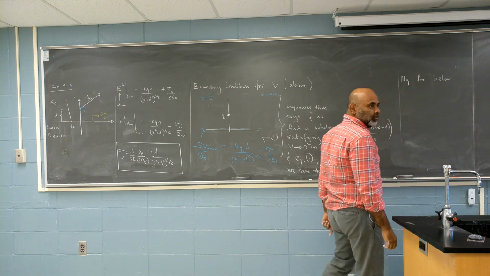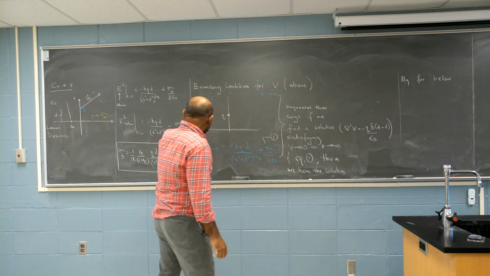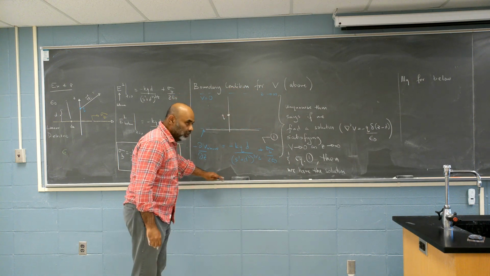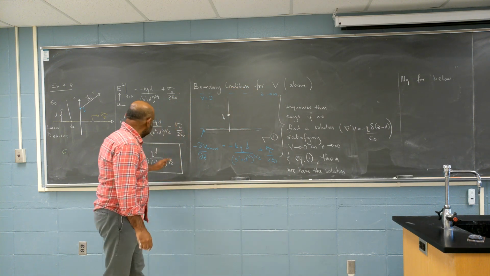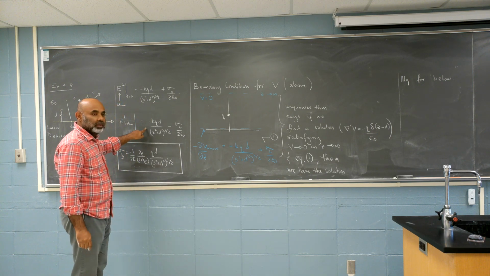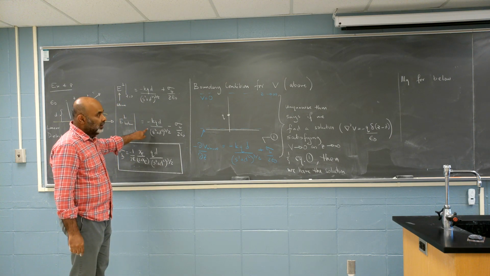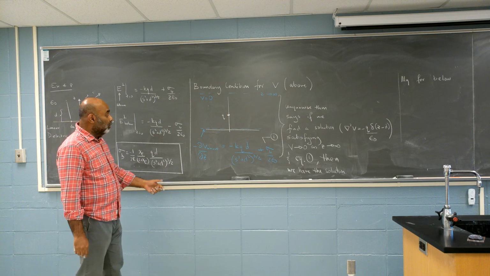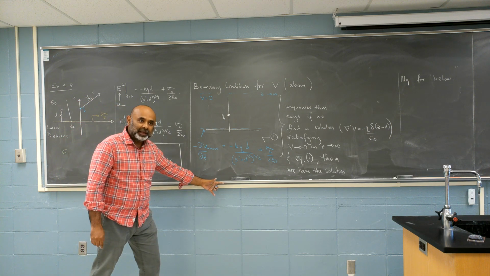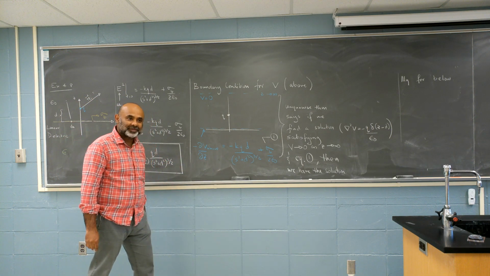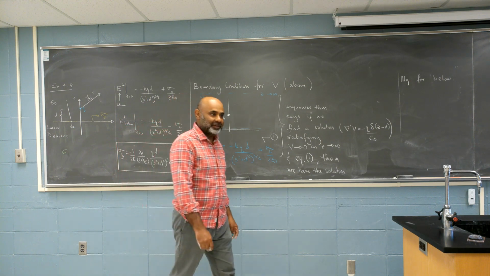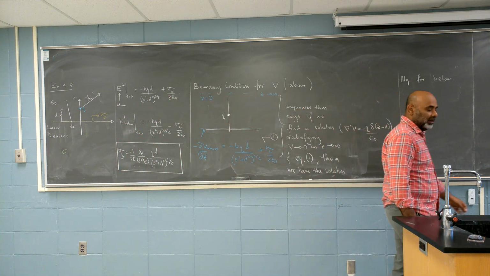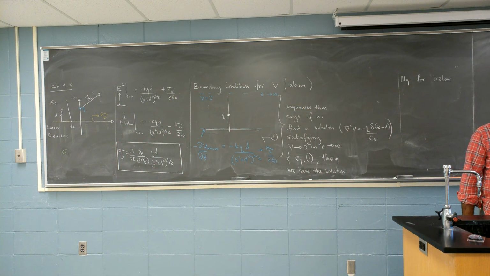Similarly, the analogous statement: V has to be 0 at negative infinity, and on the boundary, this should be the derivative of V. If these two conditions are met, and of course, in the lower half, it is Laplace's equation, because there are no charges. If we can miraculously find it, we will have found the solution.